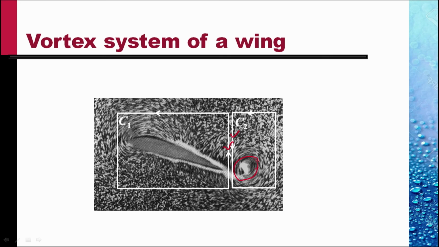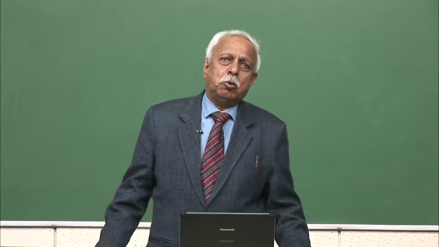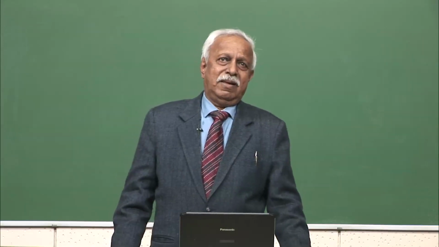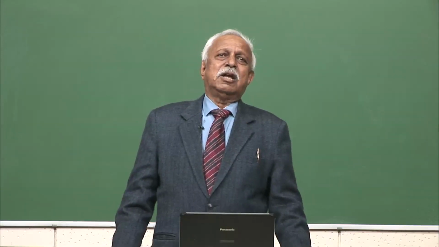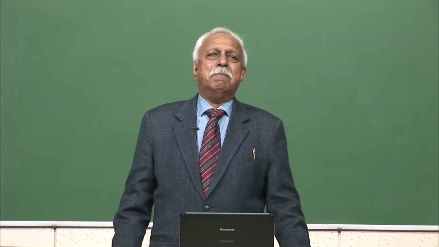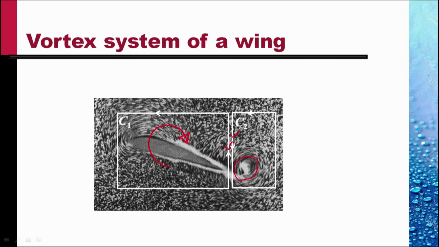Now, about the circuit C1, there should be an equal and opposite circulation because the net circulation must still be zero. This circulation is due to what is termed the bound vortex with the wing. So the wing has a circulation going clockwise.